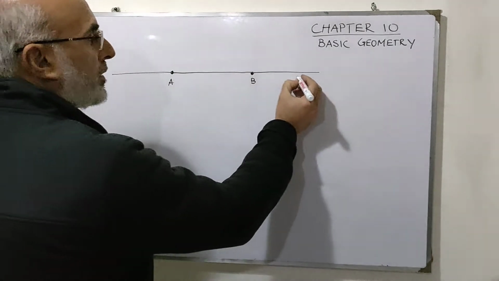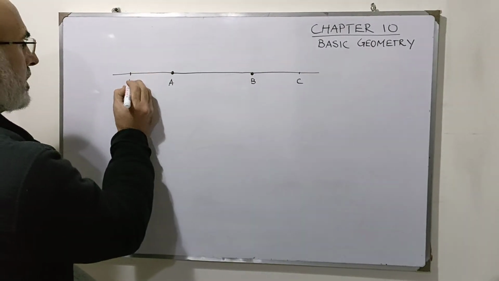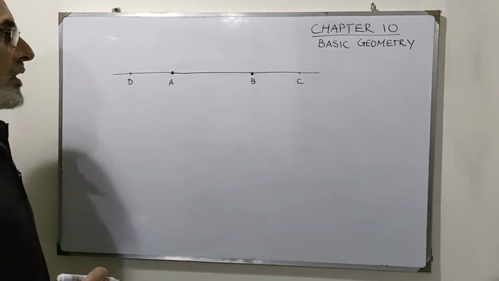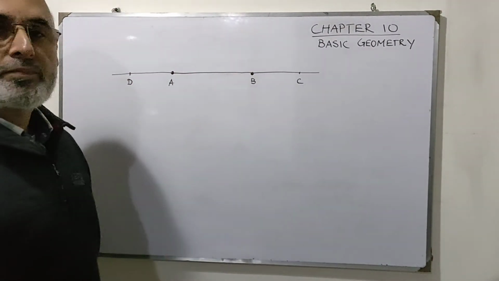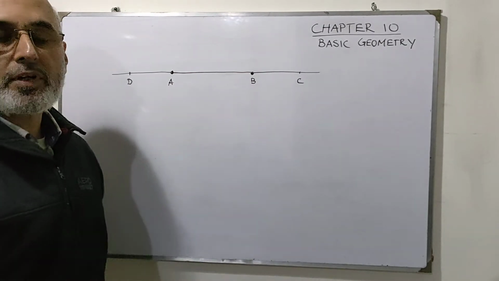We may have more points on it, like it is C, it is D. Now all these points are collinear because they lie on the same line, right?